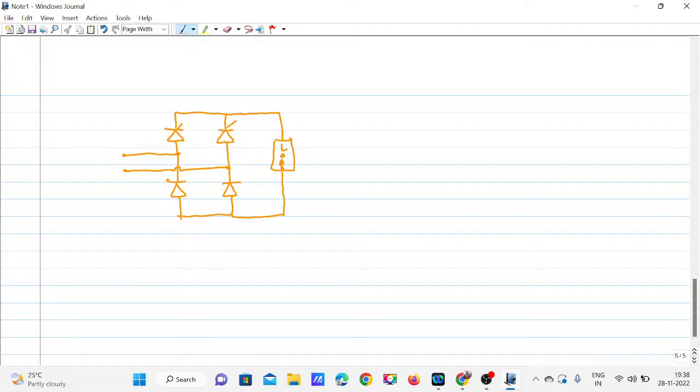So thyristors will be here. This is the AC supply. That's all. This is the rectifier. Now how to show it as a cycloconverter? So anti-parallel thyristors will be here, wherever we require.